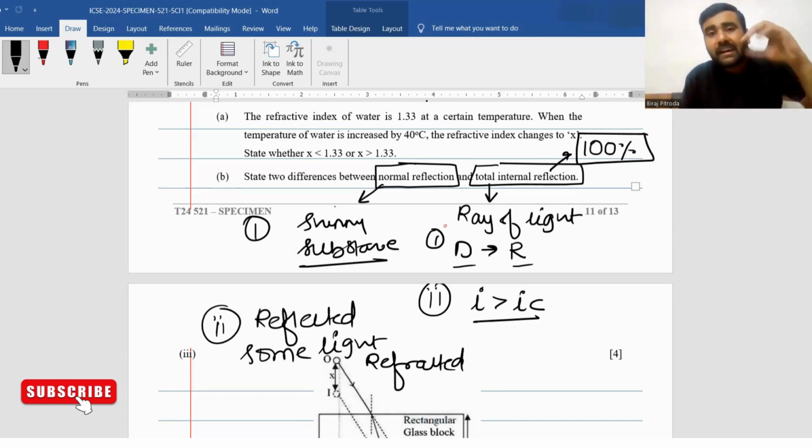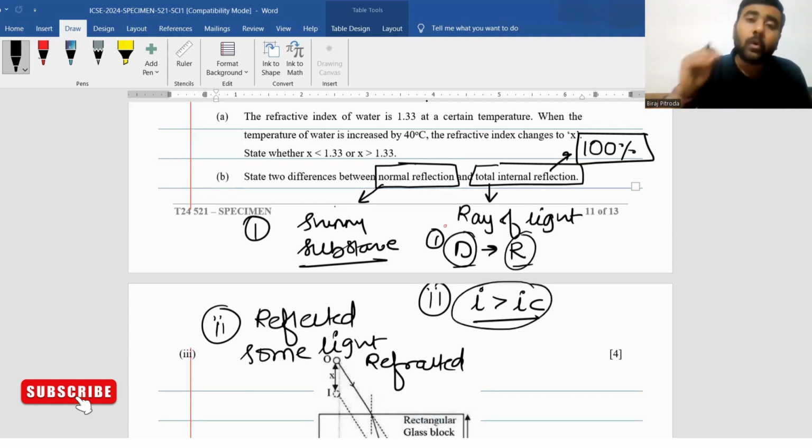If there are 100 rays, just as an example, which are going to fall on any surface which is traveling from denser medium to rarer medium, and if its angle is greater than critical angle, students, all the rays are going to bounce back. There is no loss of energy in TIR, but in reflection, there is some loss of energy. These are some major points which we can write when we are going to present our answer in the exam.